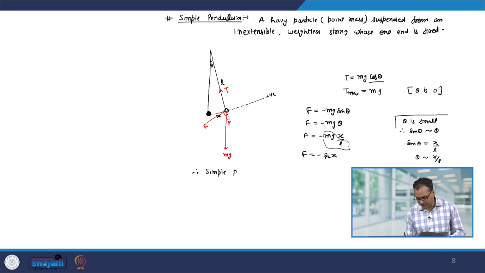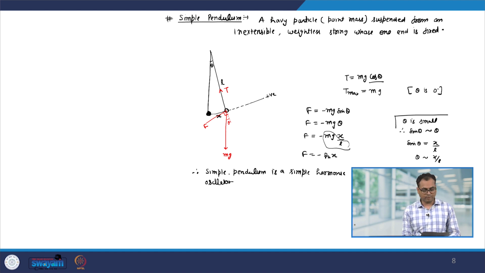Therefore, the simple pendulum is a simple harmonic oscillator. Because it is in the form of F equal to minus kx.